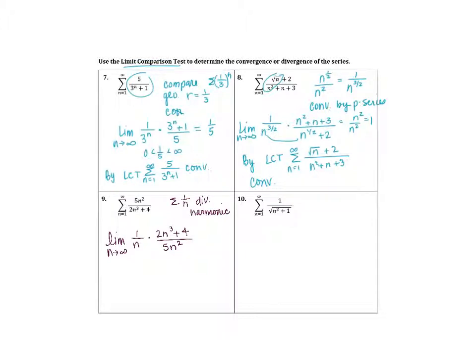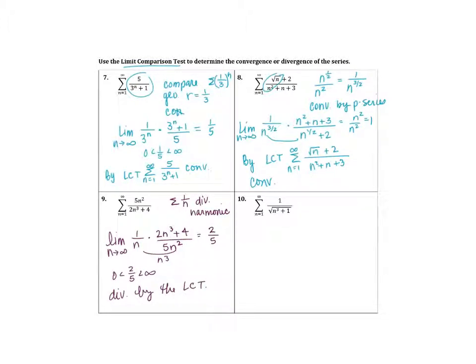And here, notice we're going to have an n cubed over n cubed, and so that's going to be a 2/5. And again, notice that that 2/5 is between 0 and infinity. So this is going to diverge by the limit comparison test.